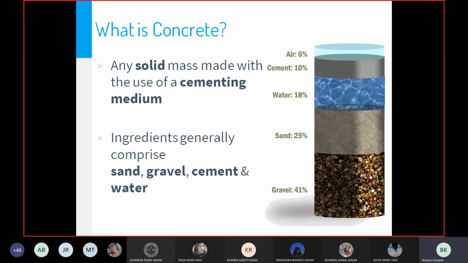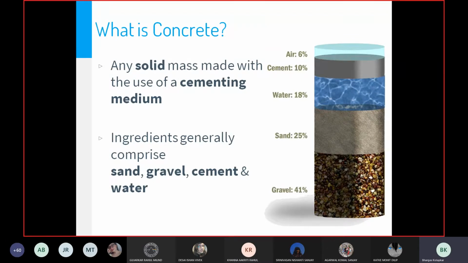Now, in terms of defining it as a construction material, it is any solid mass which is made using a cementing medium. The picture that you see on the right is just a general depiction of what typically could be the percentages of various constituents of concrete. The first thing that we have in the largest quantity is gravel, which is also called coarse aggregates, which constitute about 35 to 45% of concrete.